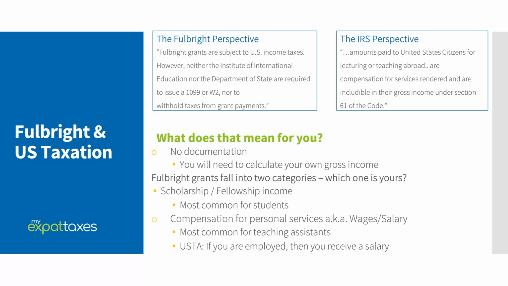So, what about a Fulbright? The Fulbright perspective and what you might be facing is a little tricky, I have to confess, because the grants are subject to US income taxes, but there is no body, so to say, that has the requirement to issue you a standard US tax form.